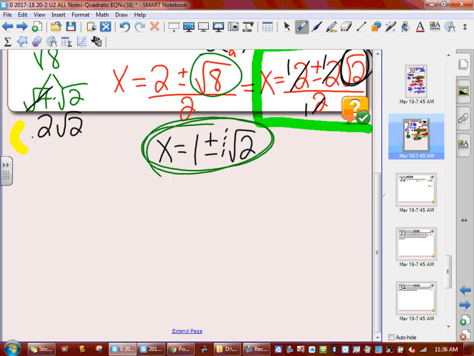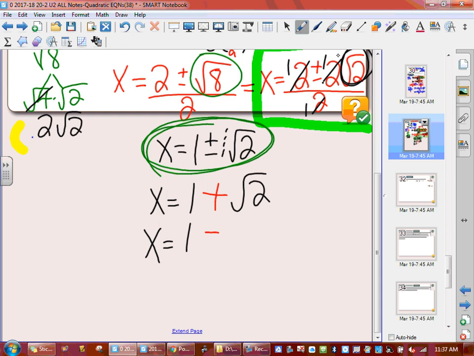So x equals 1 plus root 2, and then x equals 1 subtract root 2. So we're going to have 2 answers again. Okay, I'll give you a minute to write that down and calculate the answers. Perfect.